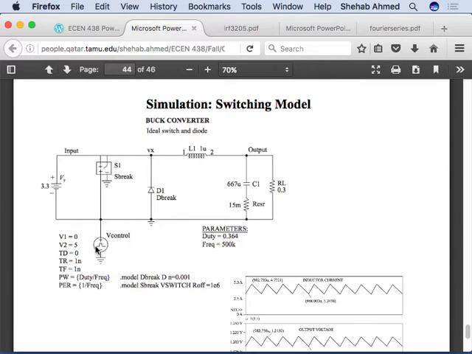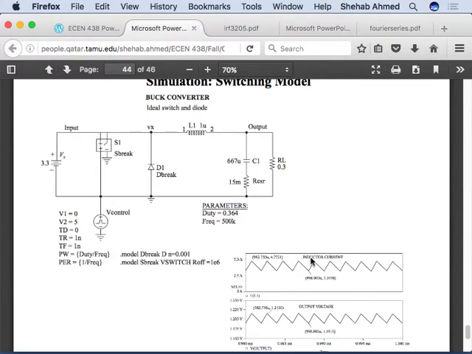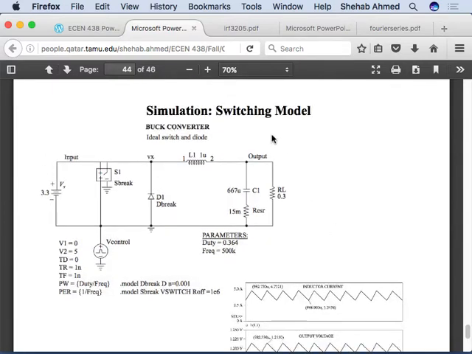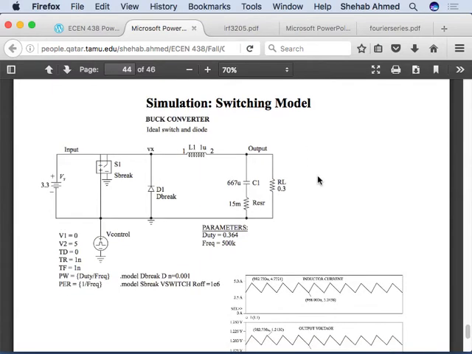From your homework or from the labs, when you looked at the waveforms, you saw the inductor current ripple waveform, and maybe you also plotted or looked on the oscilloscope at the gate voltage of the switch, or the voltage across the switch. These are all waveforms you saw, right? And this is called a switched model of the power converter. From a simulation perspective, this is fine, and you can simulate a switched model with no problem.